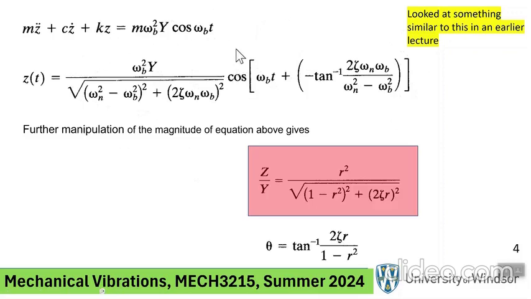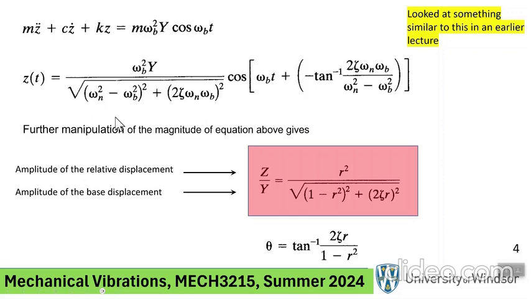Now, this is fine. There's nothing wrong with it. This is the amplitude that we call big Z. This Y obviously is the amplitude of the base motion. We call it big Y. So the moral of the story is that we can clean up this big Z in terms of big Y by a little bit of massaging and writing things instead of omega n and omega b, writing things in terms of the frequency ratio, which is omega b over omega n.